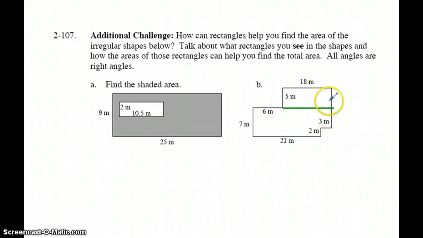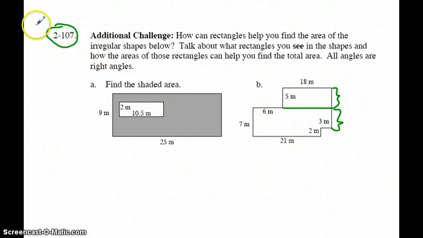Be very clear, keeping track of your lengths. Like over here, this length right there you would want to keep track of, and another length right here, things like that. So mark this page up and use your partner at your table as well to get through the challenge problem in problem 107.